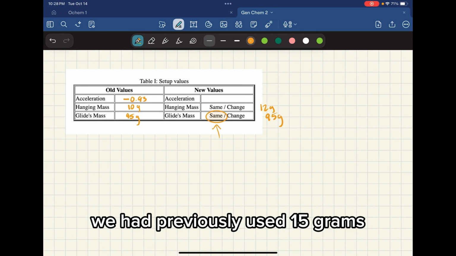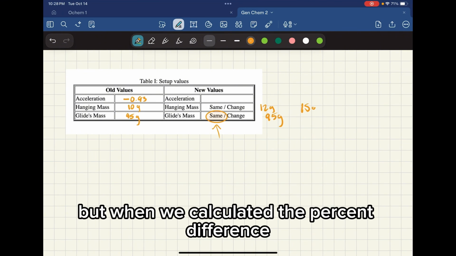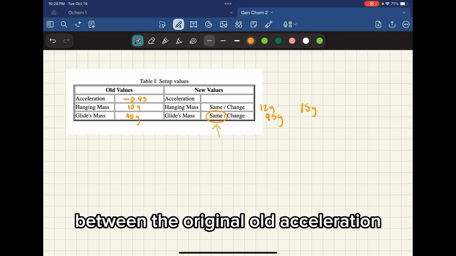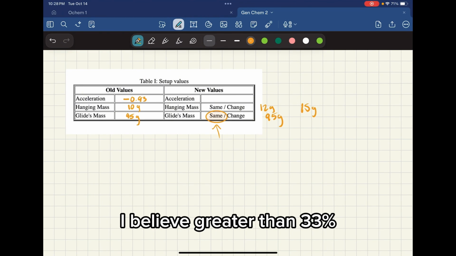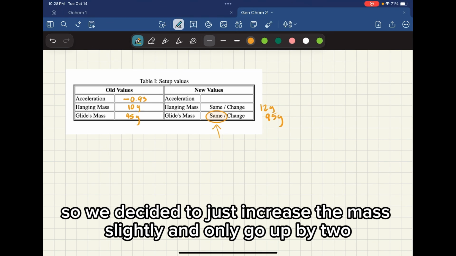We had previously used 15 grams, but when we calculated the percent difference between the original old acceleration and the new theoretical acceleration, the percent difference was, I believe, greater than 33%. So we decided to just increase the mass slightly and only go up by 2.